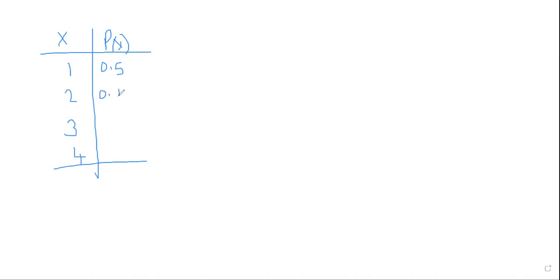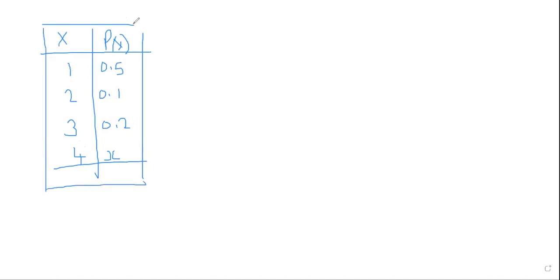Here we have the following, and maybe an x here. So they ask you to find the value of x. The value of x is simply the missing variable for us to get a 1 here.